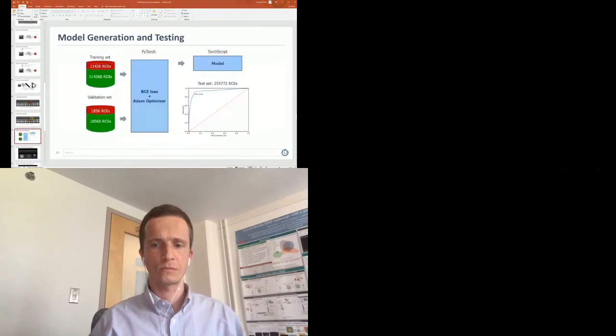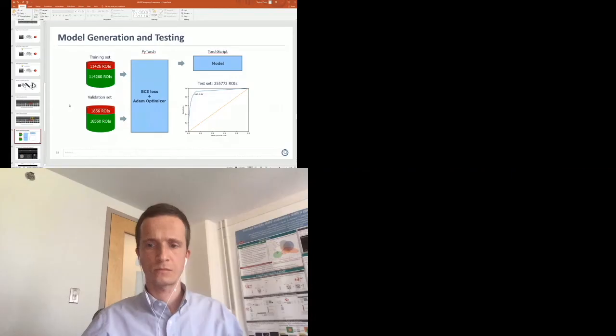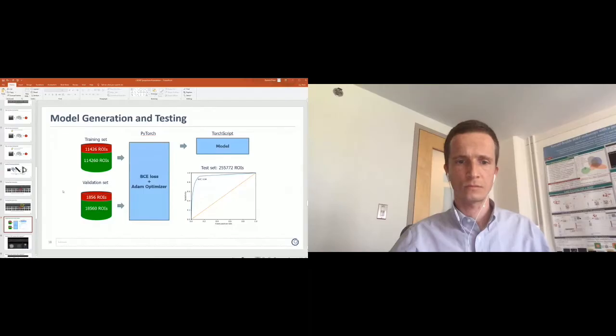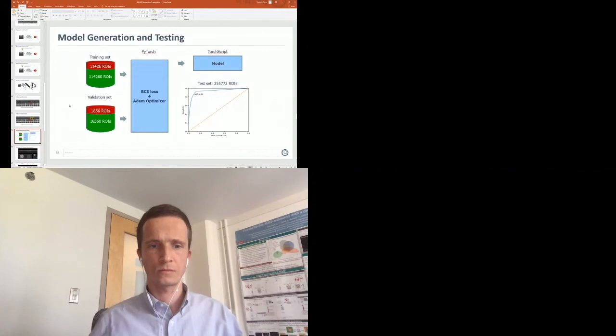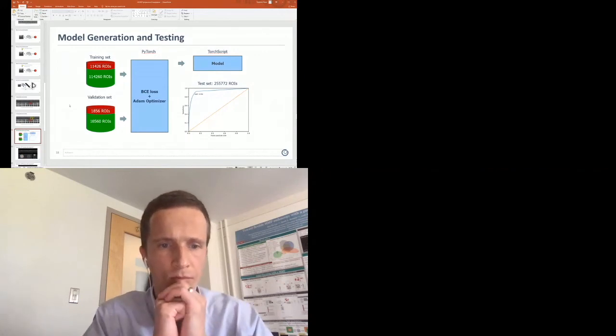So here are some results of model generation and testing. We had over 100,000 ROIs to train the model, and we have our validation set. We use PyTorch, which is an open source environment, to generate the model.